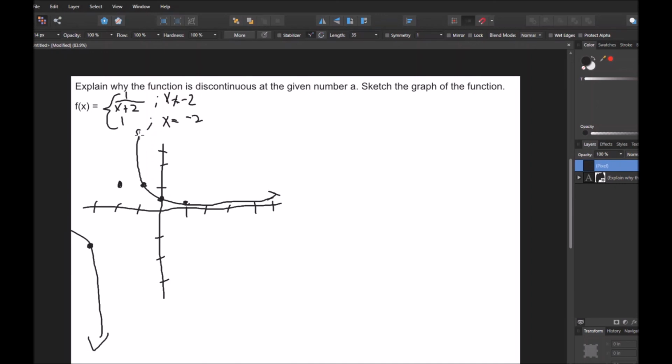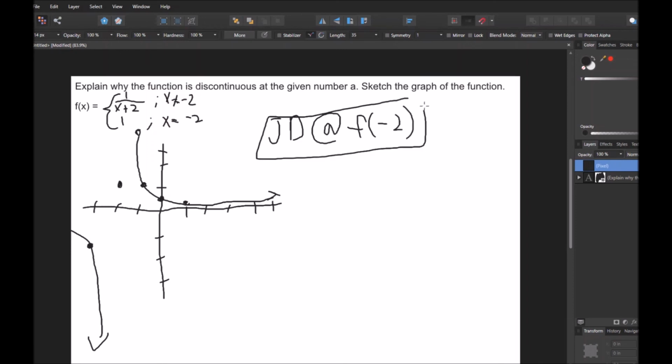And we'd have an open circle here as it gets closer and closer to -2, but then as it reaches -2, it jumps down to here. So the reason why this function is discontinuous at the given number -2 is because there's a jump discontinuity, which I'll abbreviate as JD, at f of -2. And that's how you would do that one.